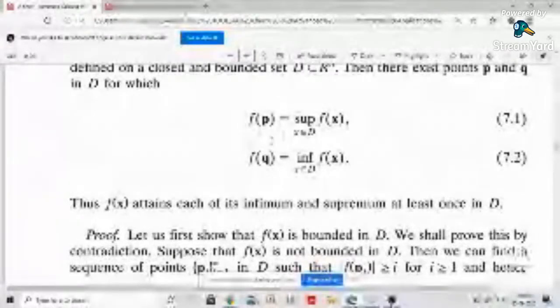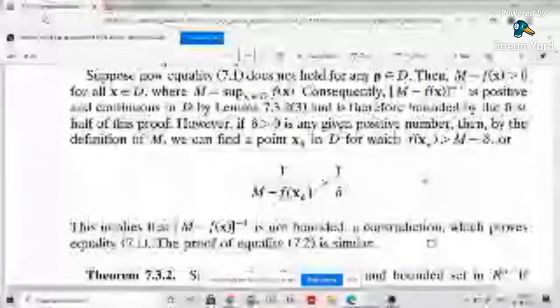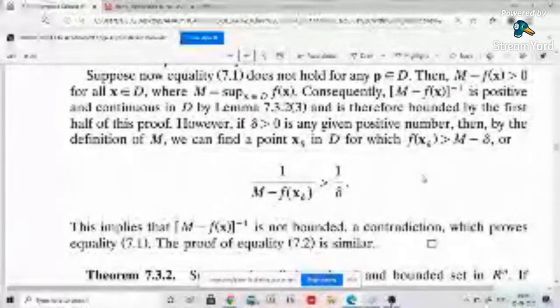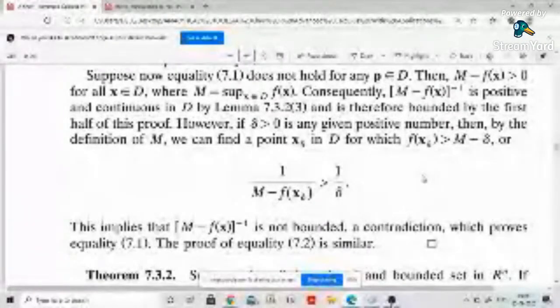So this assumption is wrong. For that assumption we got a contradiction. So the reason of the contradiction is that we assumed f of p not equal to supremum of f of x. So we must take that there exists a p such that f of p equals supremum of f of x.